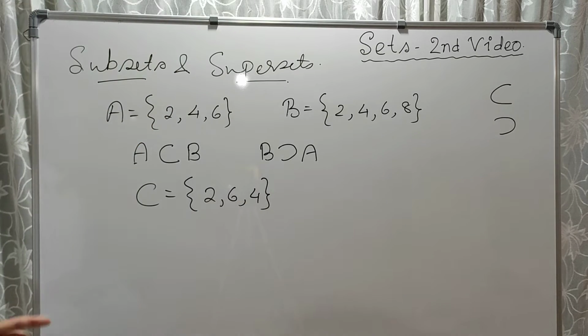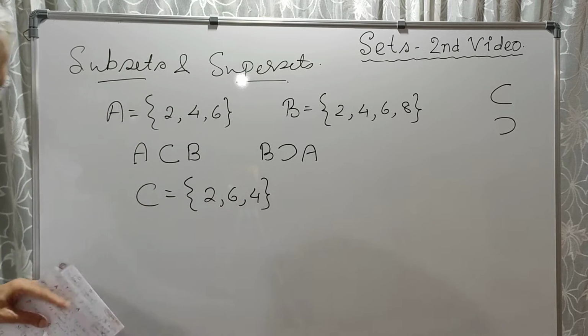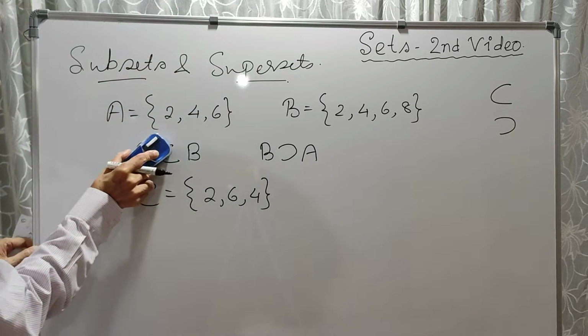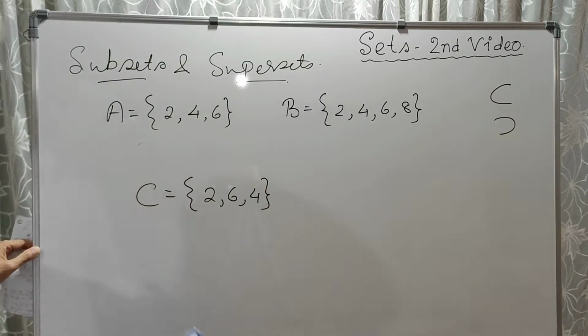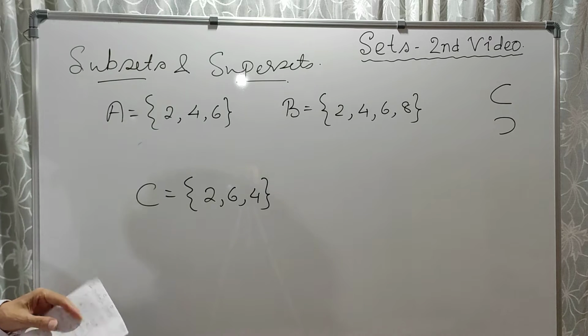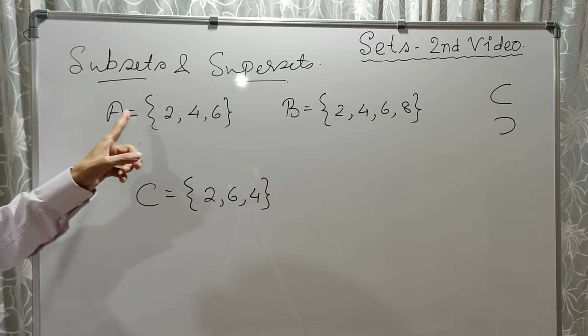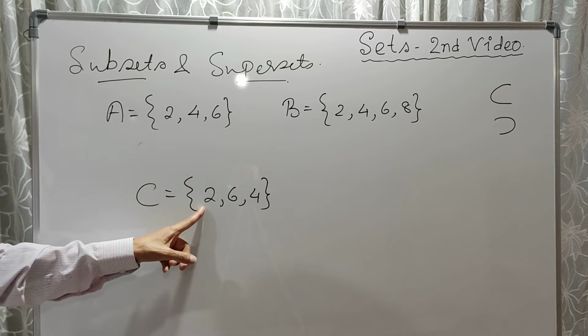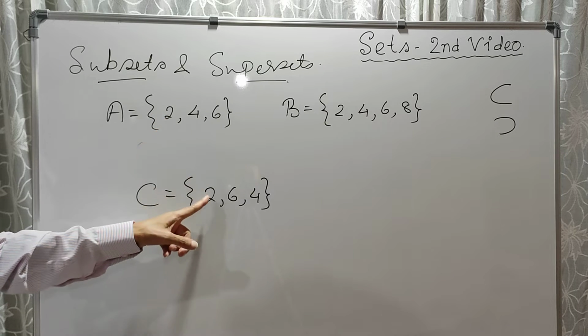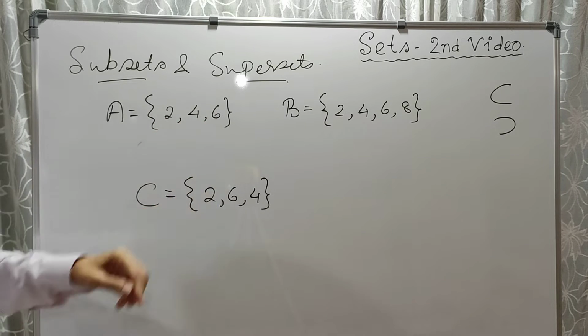Now just look at these two sets. What is the relation between A and C? Each and every element of A is present in C. So 2 is here, 4 is here, 6 is here.